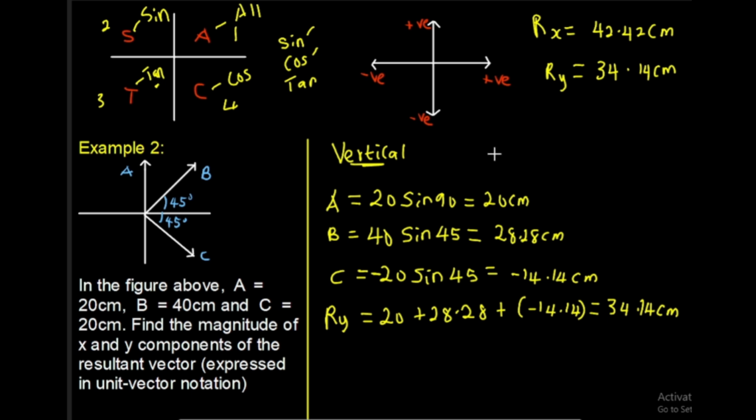So in that case, if we want to write this resultant here in ijk components, or in unit vector notation, X, like I said, represents the i component. So write 42.42 i. Okay, X is for the i component. Then plus, Y is for the j component. So say 34.14 j. This becomes our final answer. So that's how to resolve vectors into their components, and also you can represent it in this form.